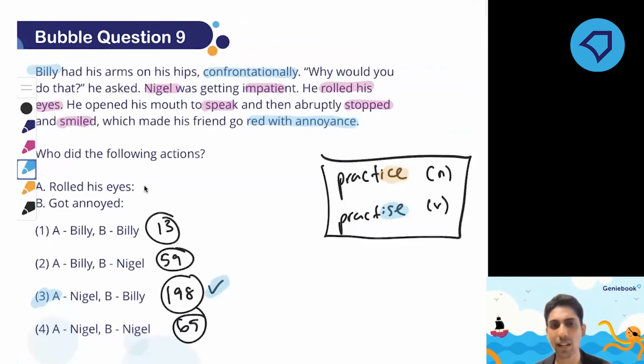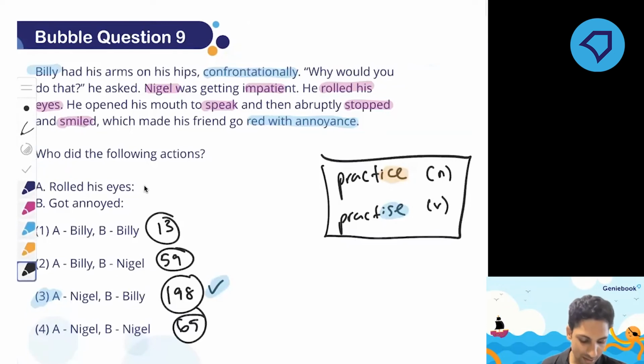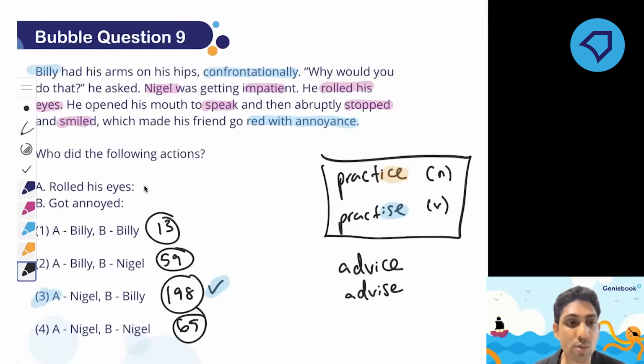So does anybody else have examples of not birds, verbs and nouns that have a different letter that makes them spell differently? Advice and advise, exactly. Thank you. Good one. Advice. Yep. One of those weird things.